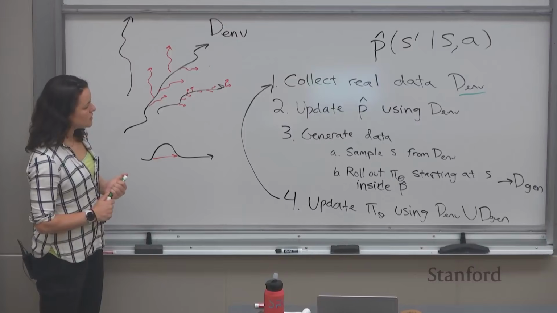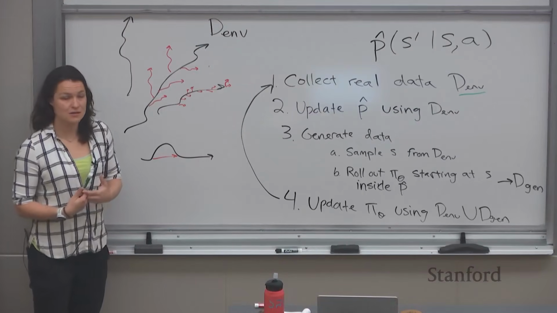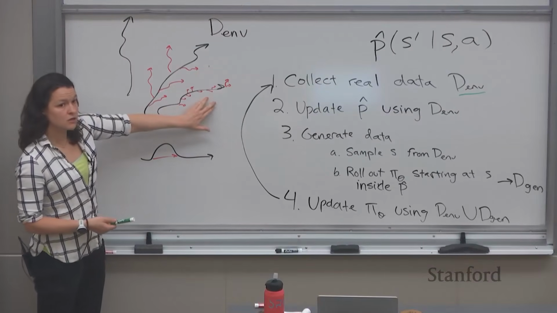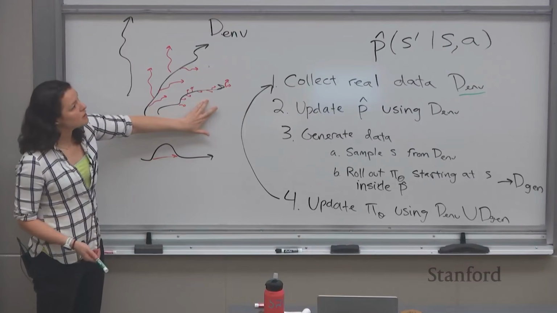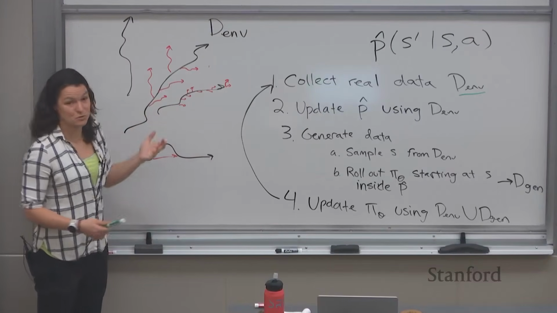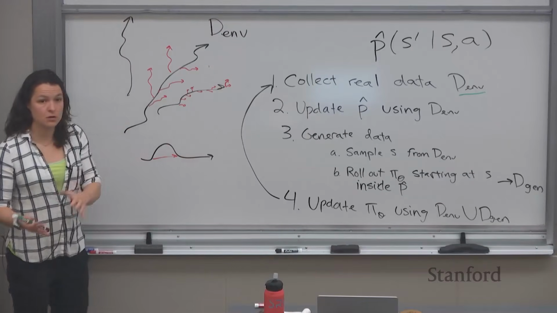So the question was about compute. This is going to be more compute intensive during training than if you were to not use this, especially because the models that you're learning, rolling out through them takes compute. You're trading data in the environment for compute.